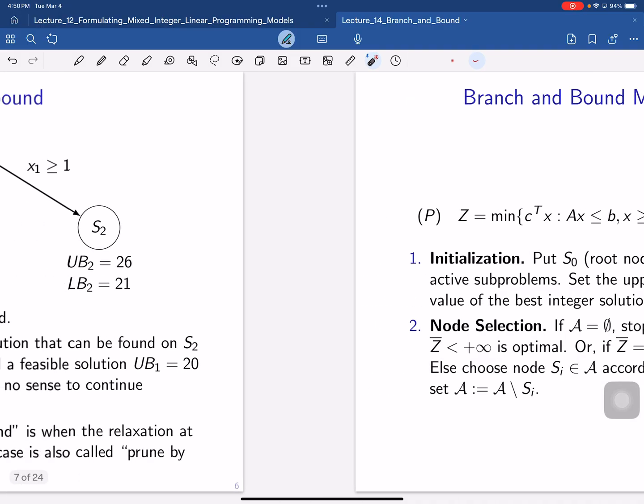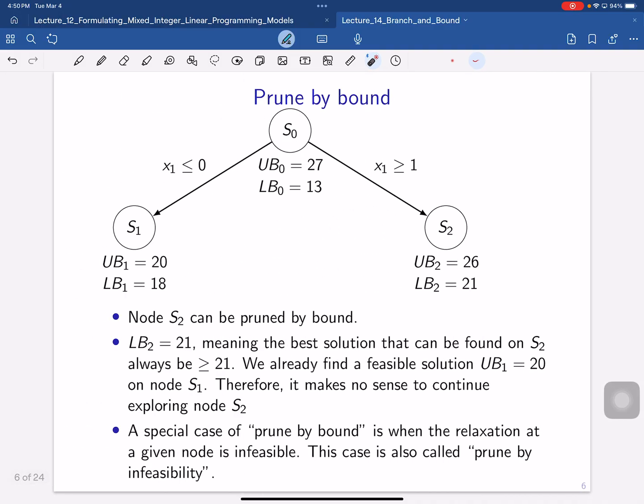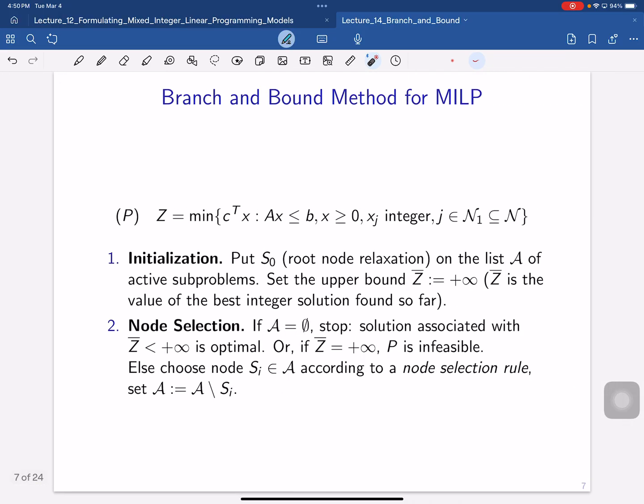For example, at this status of the branch and bound, you only have one active node, S1. This node has been pruned. This node has been branched already. So this active list A keeps track of all the active subproblems.